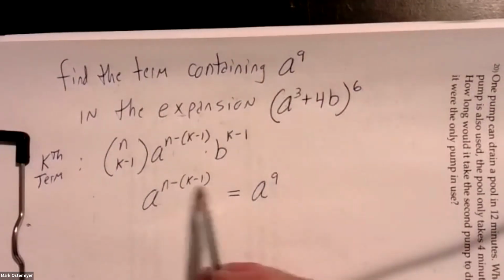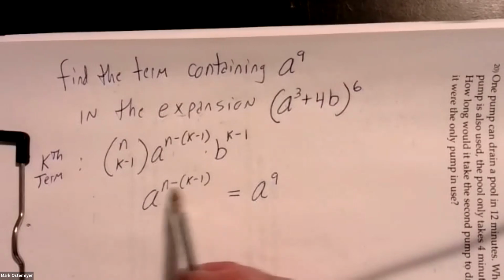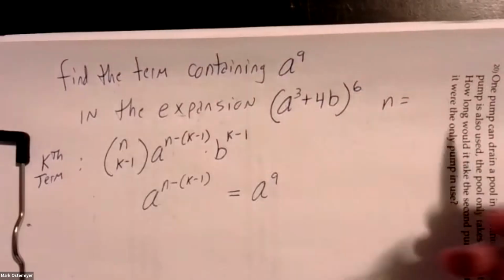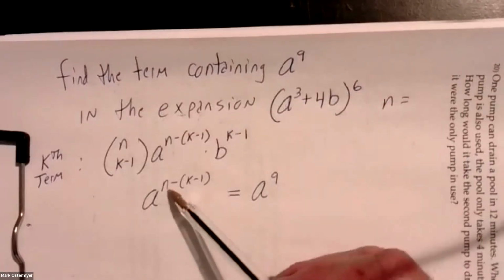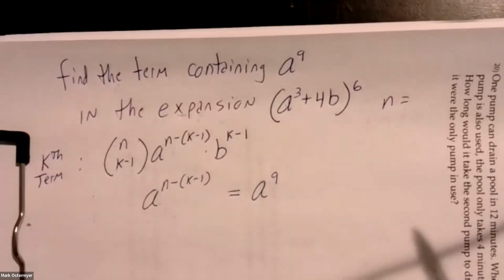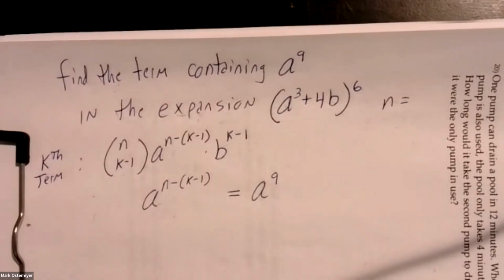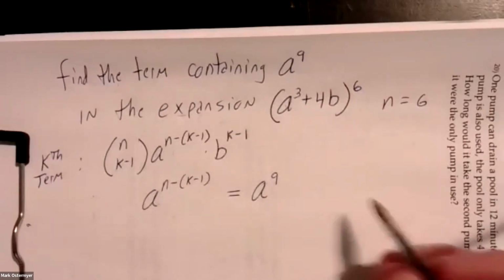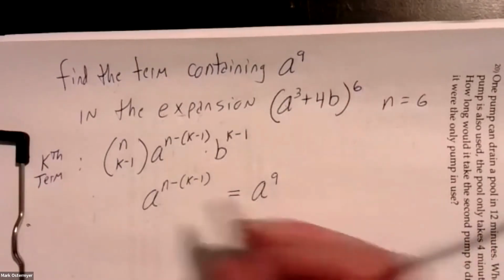Now we have to fit in what we know here. What is n? Well, n is going to be equal to the power the binomial is being raised to, which is to say n is 6.